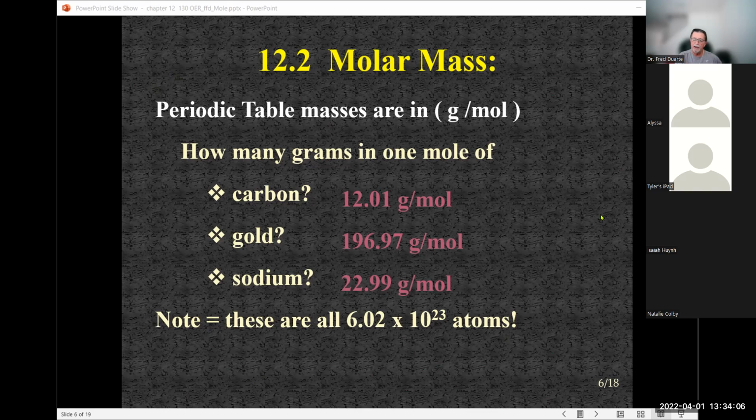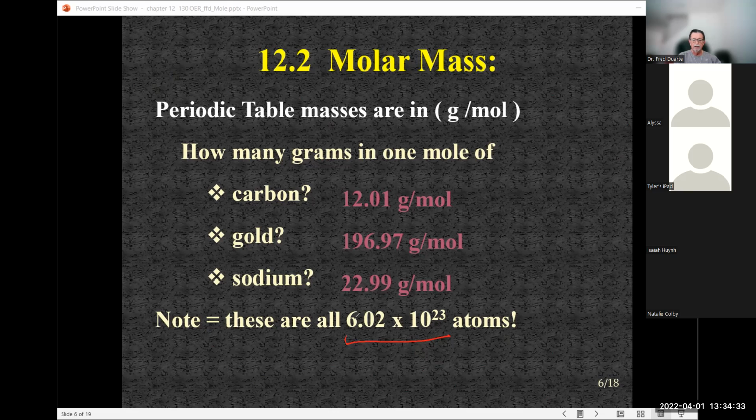And so if I weigh out these amounts, 12.01, 196.97, 22.99 grams of each respective element, I will have exactly 1 mole of that material, which represents exactly 6.02 times 10 to the 23rd atoms. Okay.